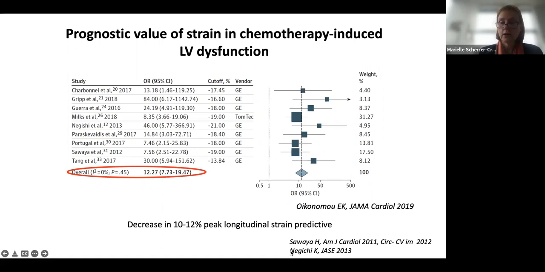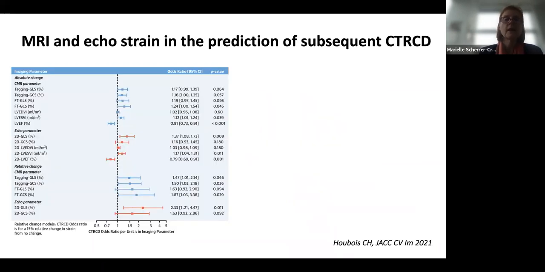So we and others, Negishi in the team of Tom Marwick, and that was our team, looked at a decrease from 0 to 3 months, and were able to say that a decrease in 10 to 12% was predictive of later decreases in LVEF. And teams are still looking at the prognostic role and now comparing it to MRI.